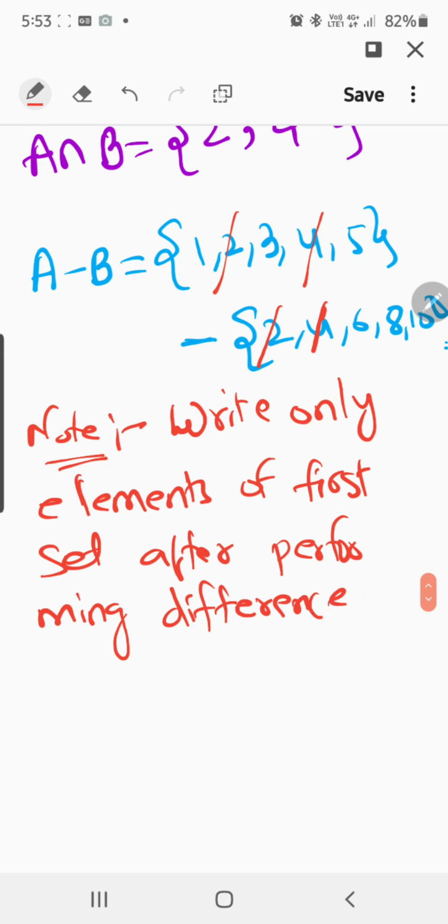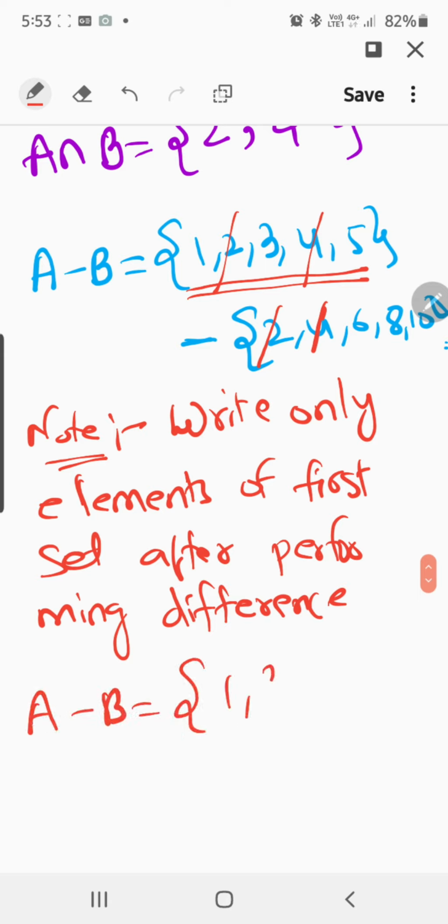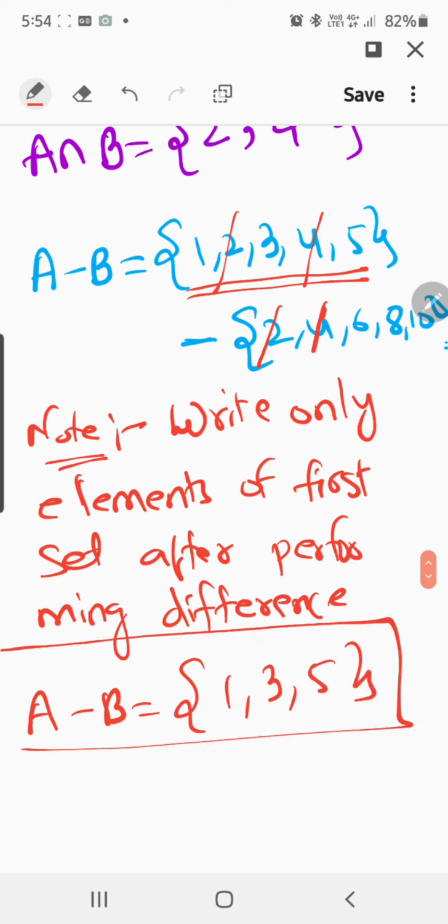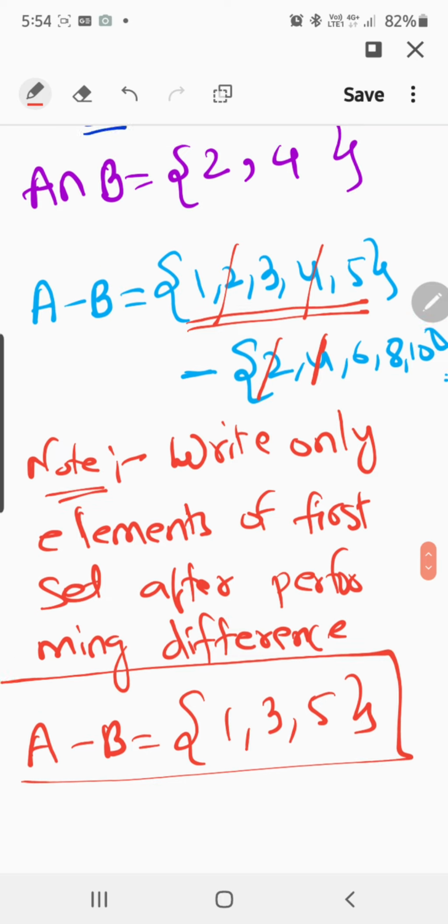So what are the elements present in just the first set? This is called the first set. So A minus B is equal to 1, 3 and 5. Here you get this answer. This is how you can proceed. A minus B is quite a simple and easy topic.